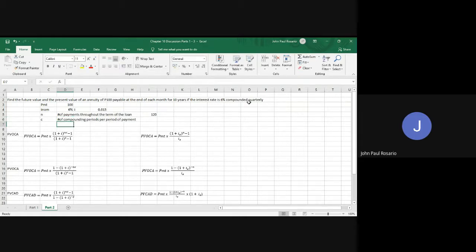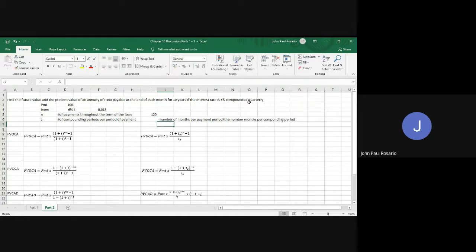Now guys, for letter C, I think I failed to show you last time how you would solve C. So the formula for C is actually the number of months per payment period divided by the number of months per compounding period. Or if you would prefer number of days, but let's just stay with months here.